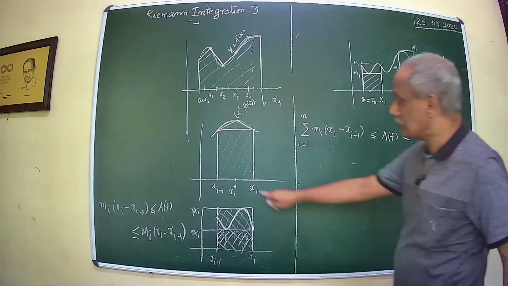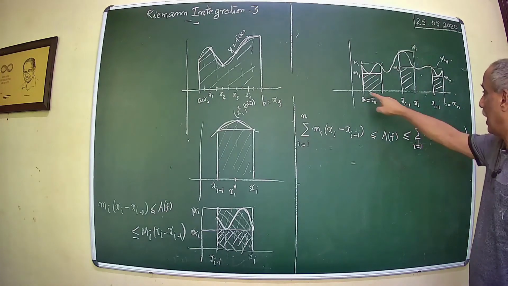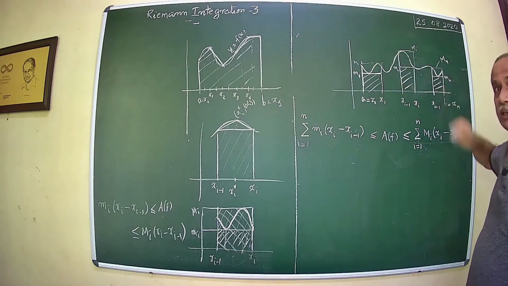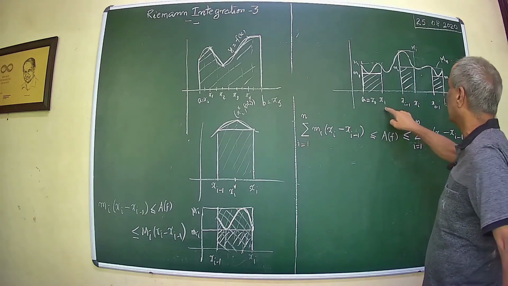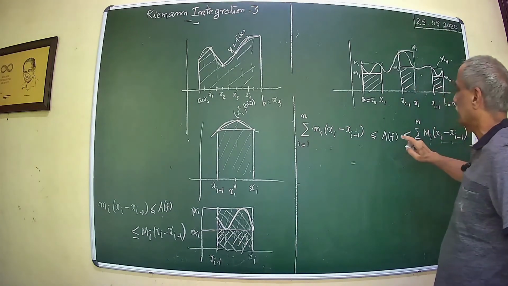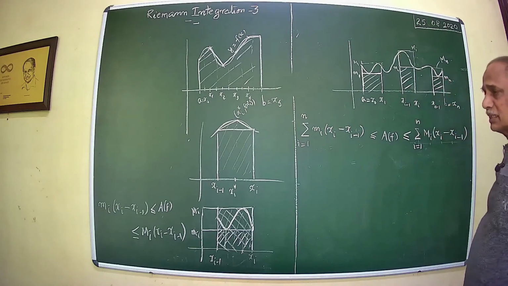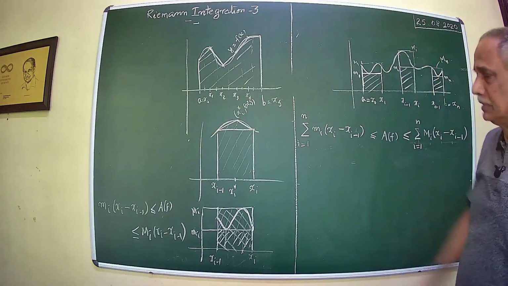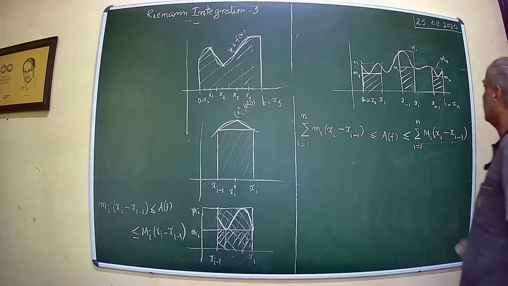Now we go to the next scenario. I introduce additional points on this partition. That means I introduce some points between A and x1, x1 to x2, several points here, so that I get a new partition which contains all these points but some extra points, and then work out the same scenario. So what will happen?